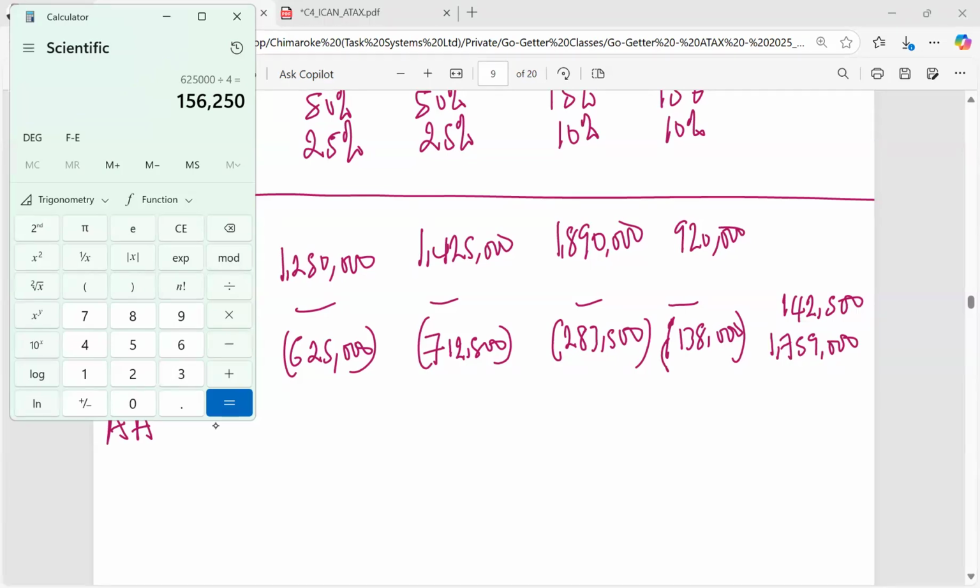156,250. But for this first year, I'm not going to use 156,250, because I didn't use one full year for the period. I used 7 months.